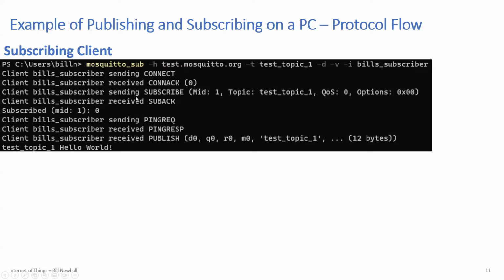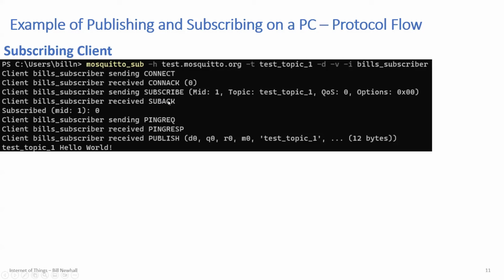And then you can see that I said, through this one line, I wanted to subscribe. So next, the subscribe packet gets sent, and here's the topic and the quality of service. I didn't specify one, so it's assumed to be 0. We'll talk about that in a bit. And there were some options in that packet that are all set to 0. And then the broker comes back and says, okay, I received your subscription. I'm acknowledging the subscribe message.